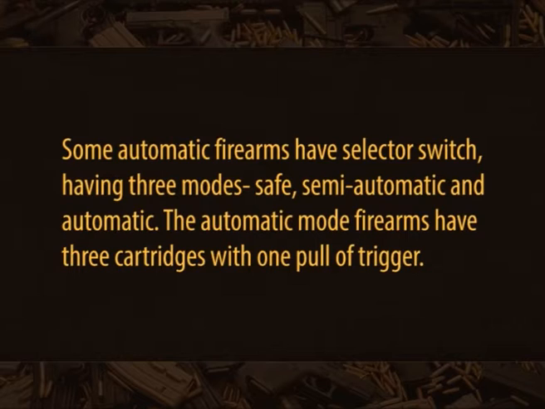Some automatic firearms have a selector switch having 3 modes: safe, semi-automatic and automatic. The rod of this piston pushes back an operating rod which is connected with a bolt and a counter recoil spring.